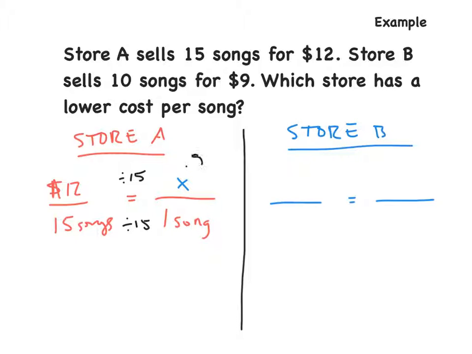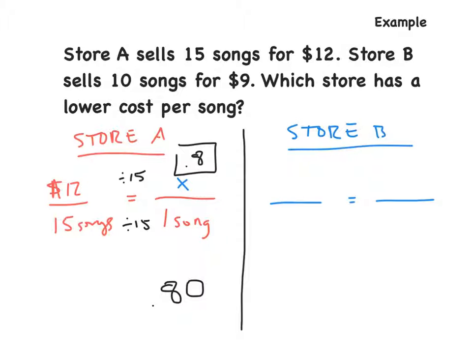That'd be 0.8 if you figure it out. But 0.8 or 8/10, when we're talking about money, remember it's basically 80 cents. It's not 0.8. So now what I want you to do, I want you to pause the video and unpause the video when you're ready to see what I've done to solve for store B.